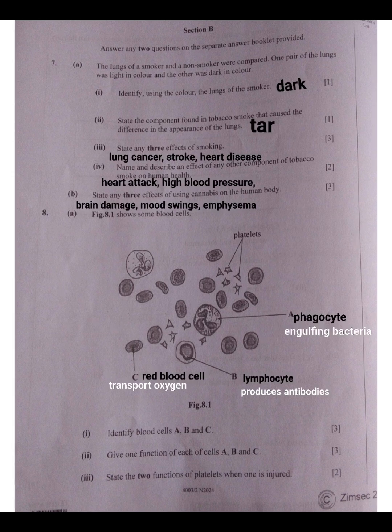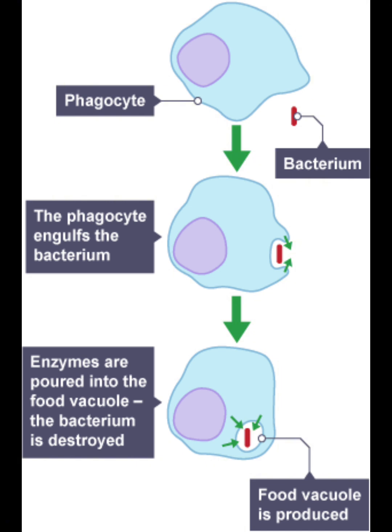So A is the phagocyte, B is the lymphocyte, and C is the red blood cell. And then give one function of each of the cells A, B, and C. So we are going to first focus on phagocytes. Phagocytes are a type of white blood cell that plays an important role in the immune system.